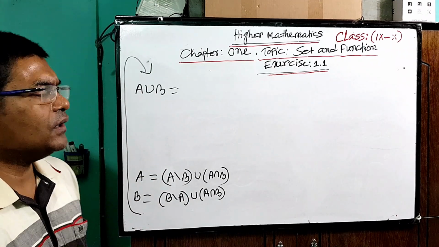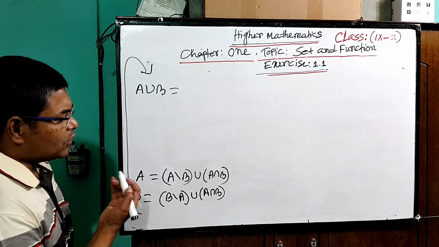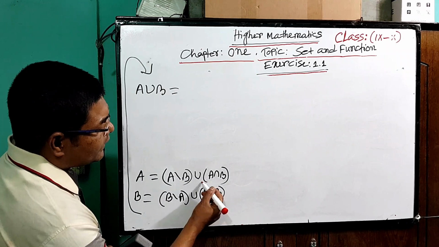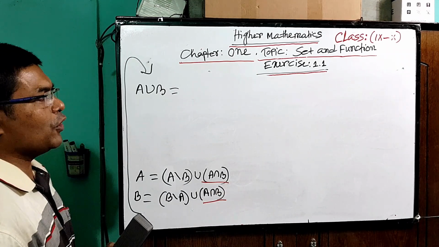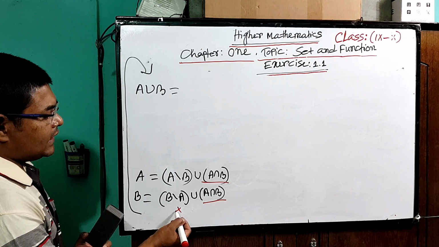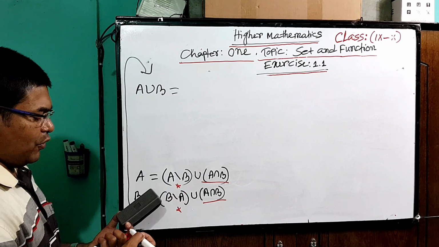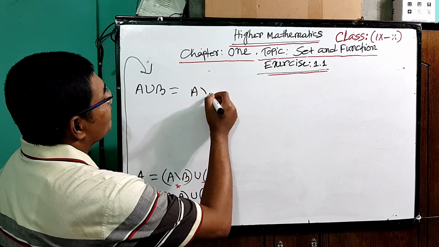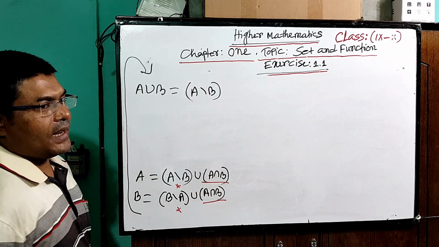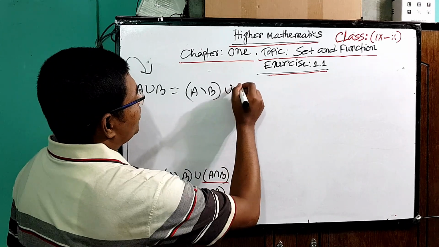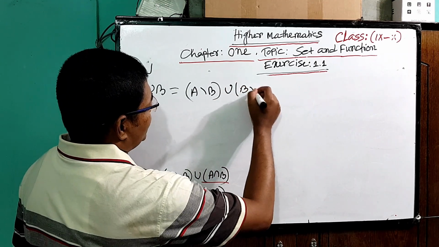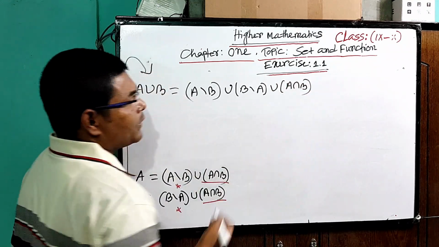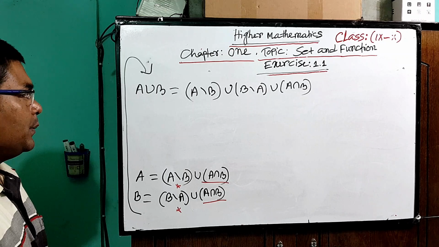The common part here is this and this, and the uncommon parts are this and this. So you have to write A difference of B union B difference of A union A intersection of B.